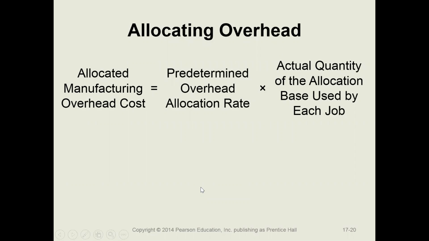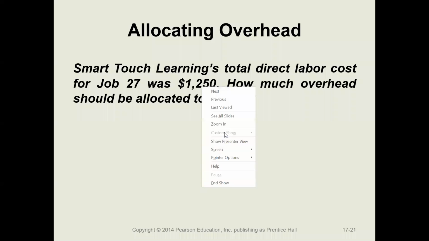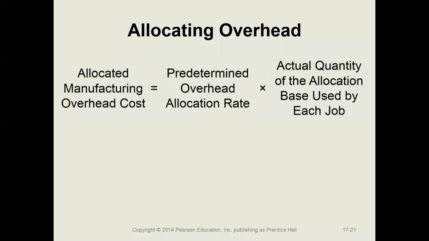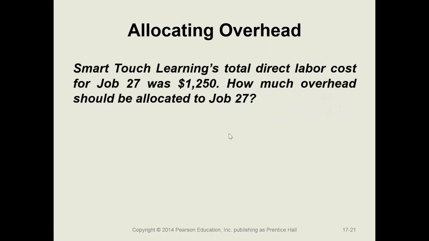Okay, so now that we know what the predetermined overhead allocation rate is, we know how much overhead to allocate to a particular job or project by taking that predetermined overhead allocation rate and multiplying by the actual amount of that base that we used. As an example, Smart Touch Learning's direct labor cost for this particular job, job 27, was $1,250.